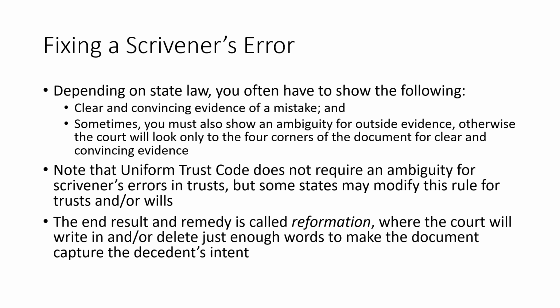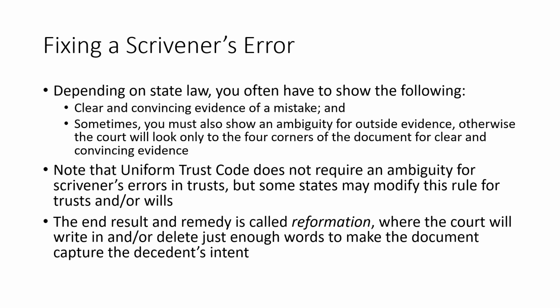So under state law in most states, you can fix a Scrivener's error, but there are barriers to entry, as I mentioned. First, you have to present to the court clear and convincing evidence of a mistake. And then sometimes you may have to show an ambiguity in order to bring in outside evidence. Otherwise, the court will look only to the four corners of the document for clear and convincing evidence of the mistake itself.